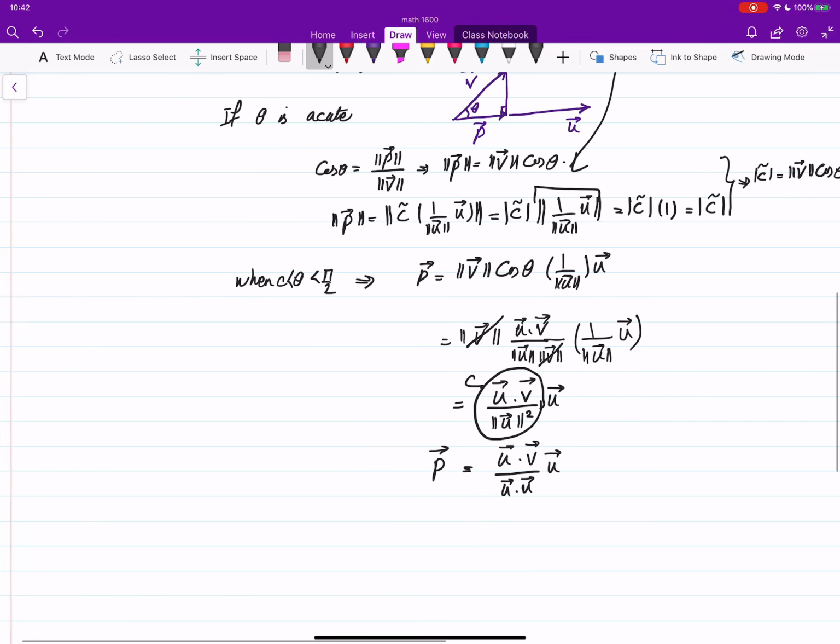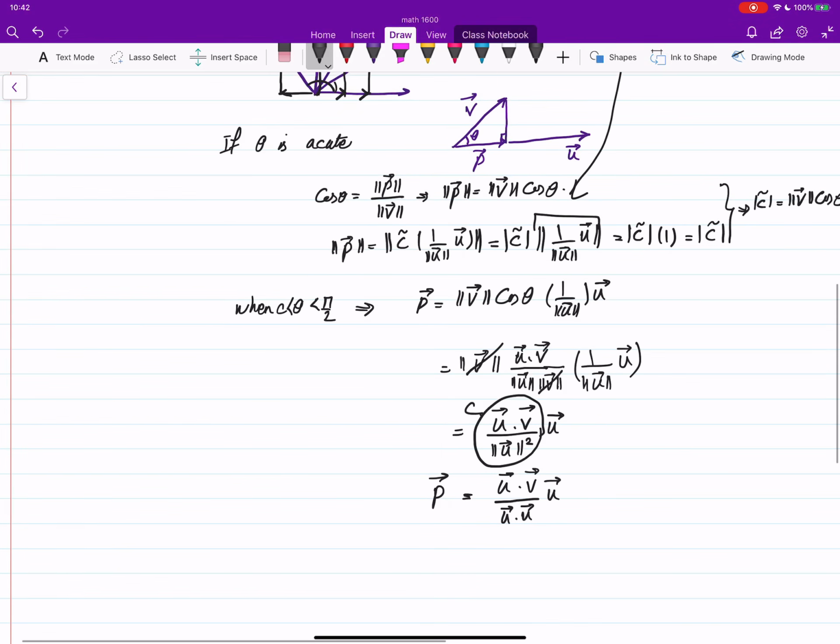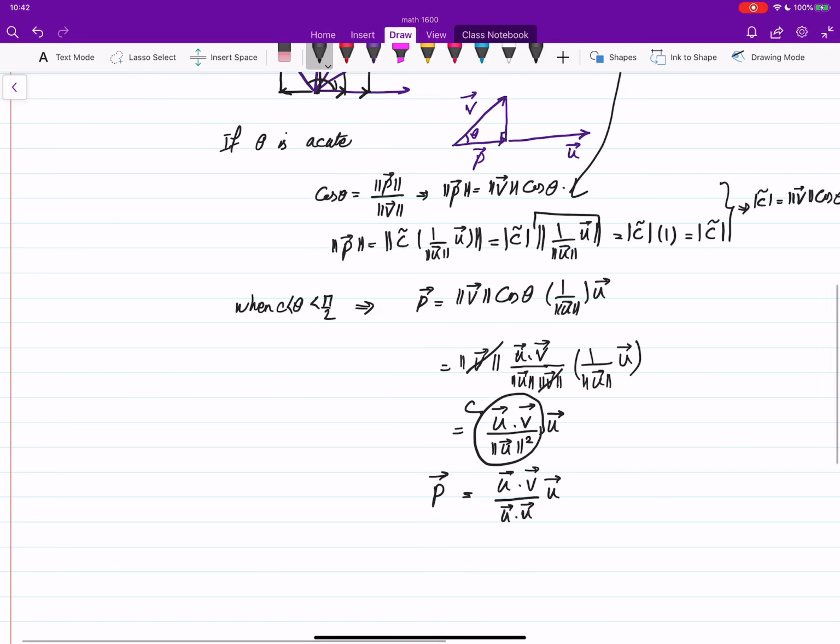But you may ask, what about if theta is not acute? What about the case that theta is between pi over 2 and pi? In that case, what will happen is that cosine of theta is going to be negative, and C tilde is going to be also a negative number.